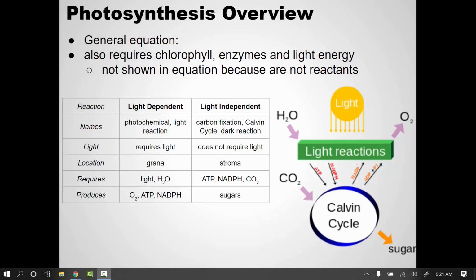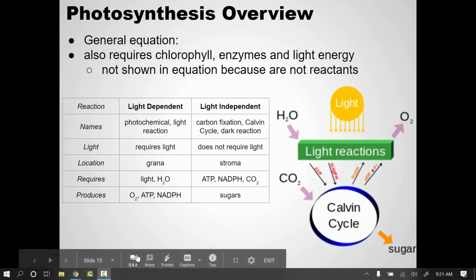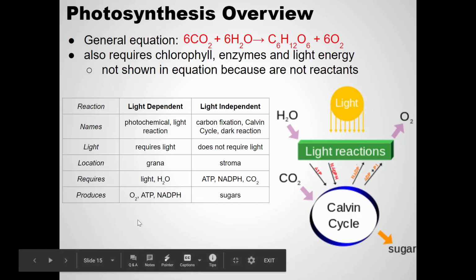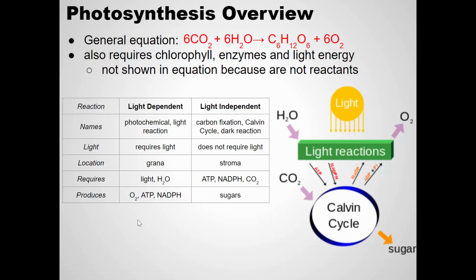This is what we call a balanced equation. It should make sense though. If you look at this now, adding in those coefficients, 6 carbon dioxide plus 6 water molecules produce a glucose molecule and 6 oxygens.